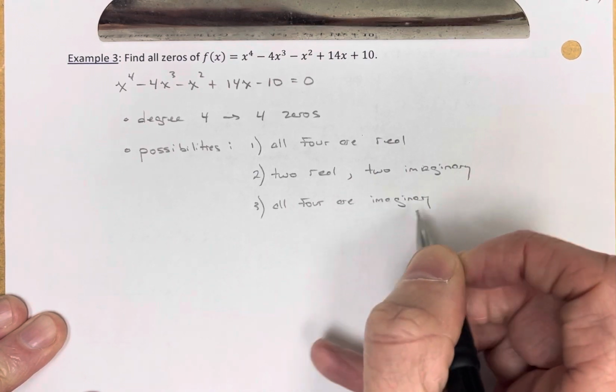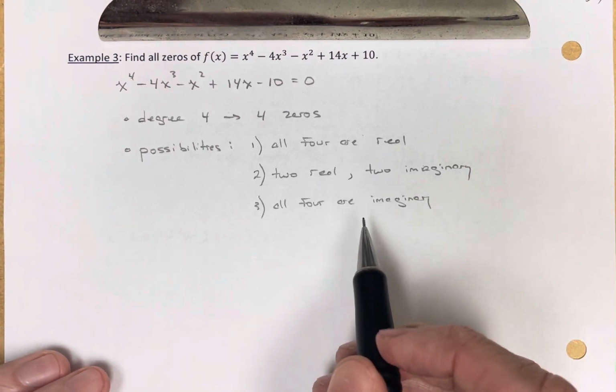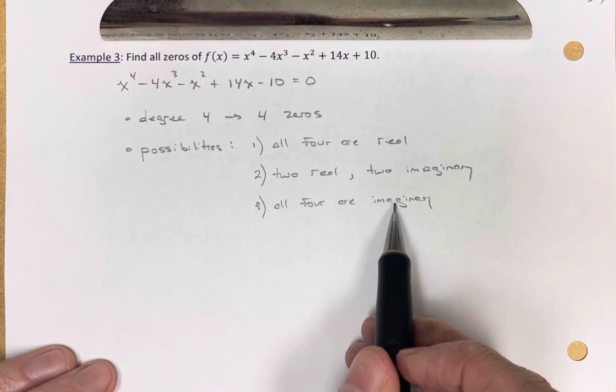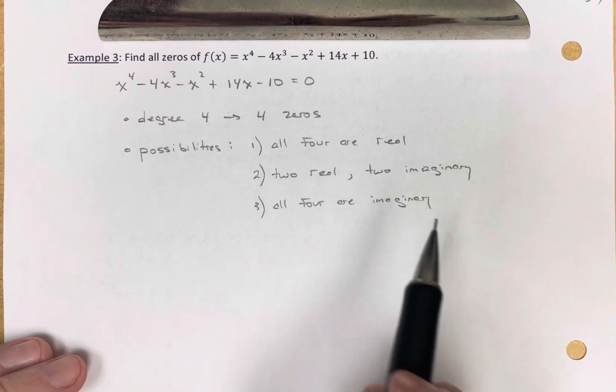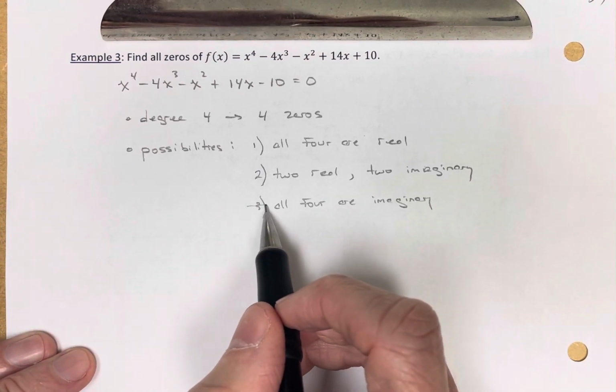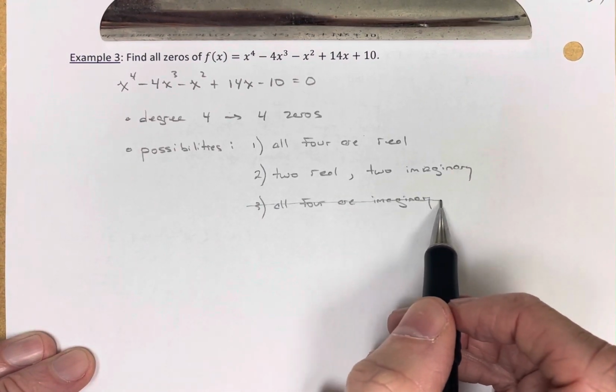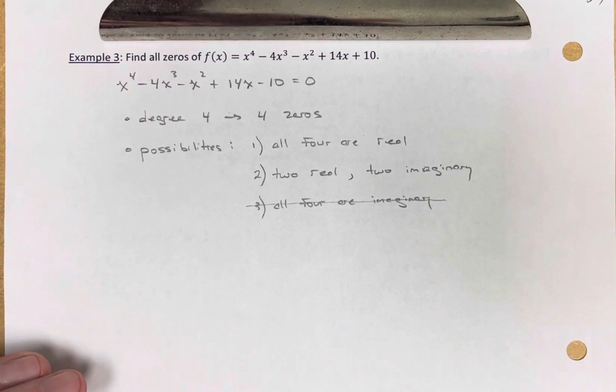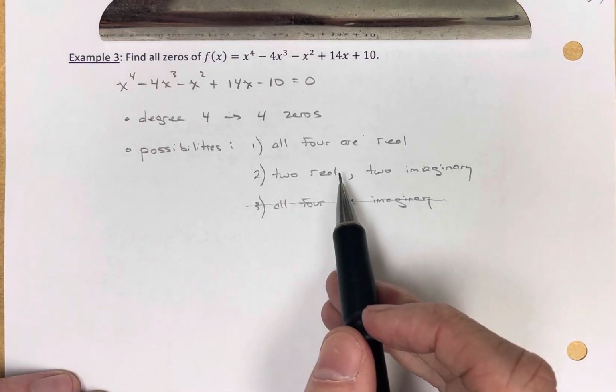Okay, I'll be honest with you, I have no idea how to find the zeros if they're all imaginary. So this one's not going to take place as far as we're concerned for this lesson, but it is a possibility, but we're not going to deal with it. And again, quite honestly, I don't know how to solve that. So it's going to be one of these two.